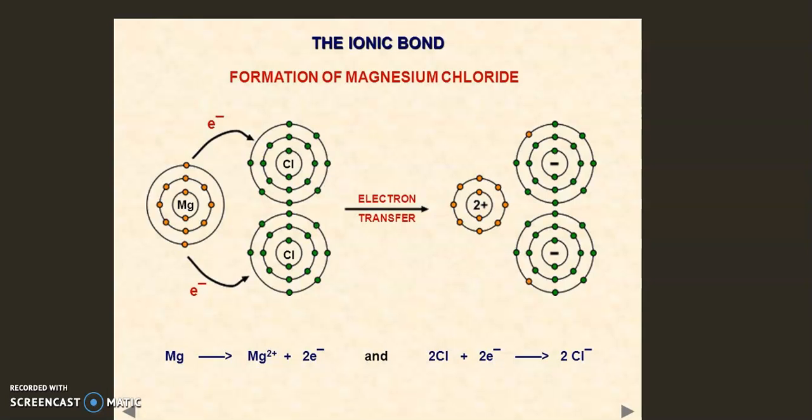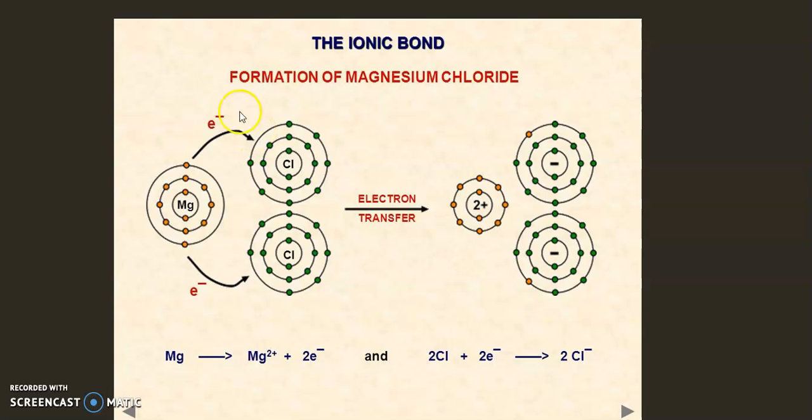So it'd be kind of hard to find 6 more. What it likes to do is to donate its electrons to other atoms. In this case, magnesium donated its electron to a chloride atom, and then it donated its second electron to another chloride atom. That allows it to have 8 electrons in its outermost shell.